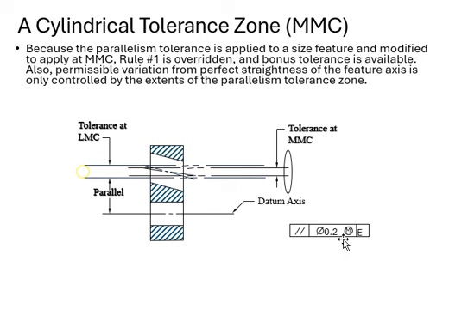You have a modifier, and your Rule One is overridden, and you need to do your bonus tolerance, yeah. We can also control the straightness with the same control frame. All right, then parallelism implications.